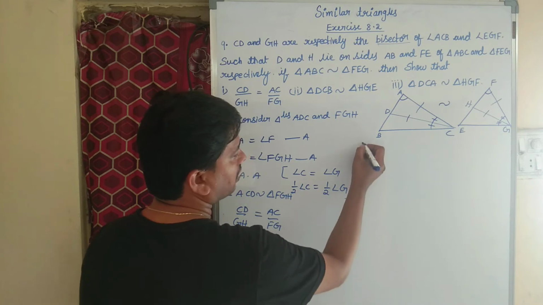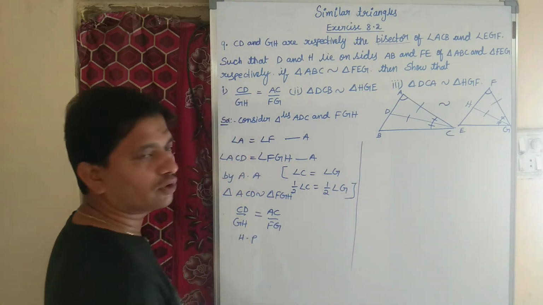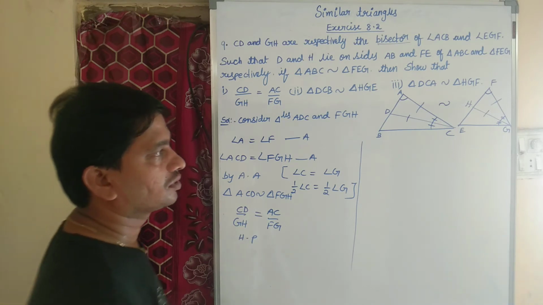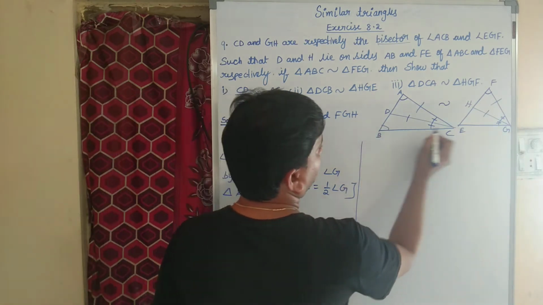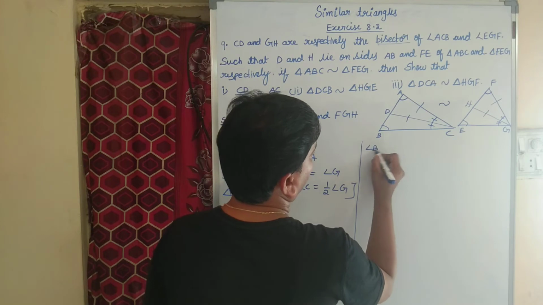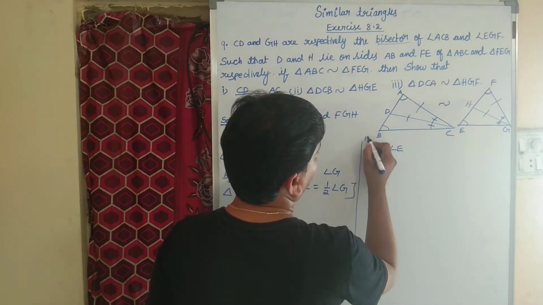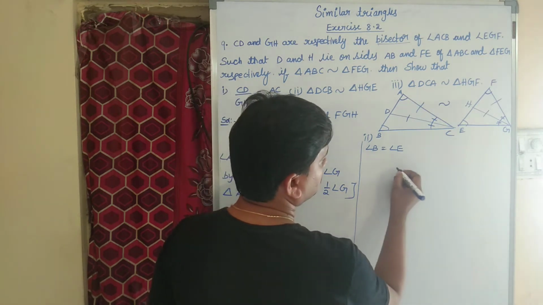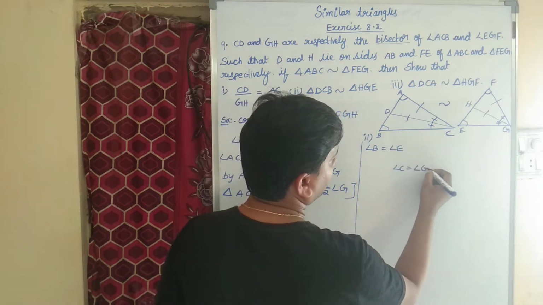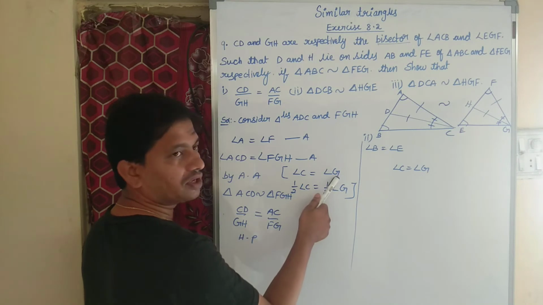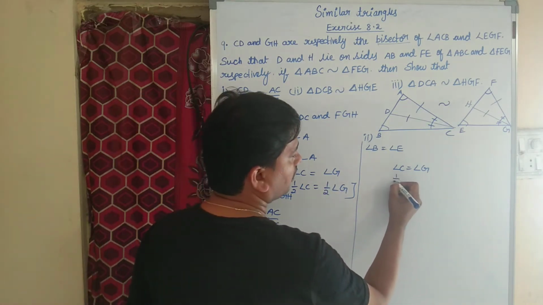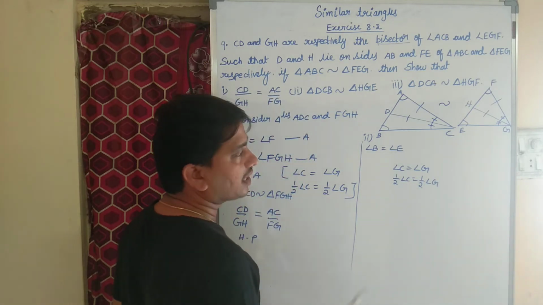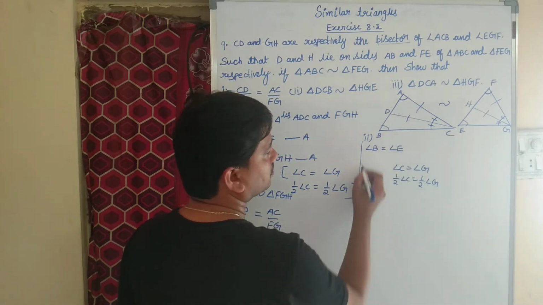HGE, these two triangles are similar. Of course we can prove it easily. We know that angle B equal to angle E. Also we know that angle C equal to angle G. Let us take half of angle C equal to half of angle G. Half of angle C is nothing but BCD.